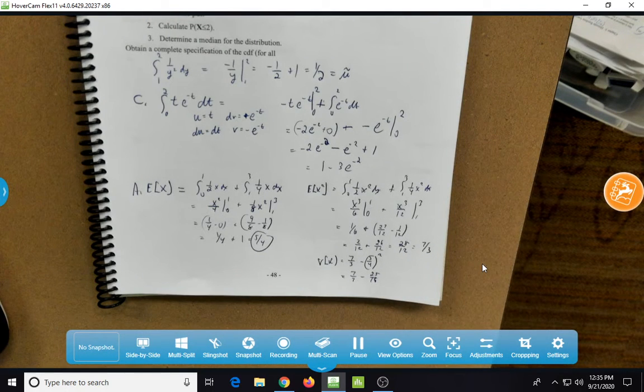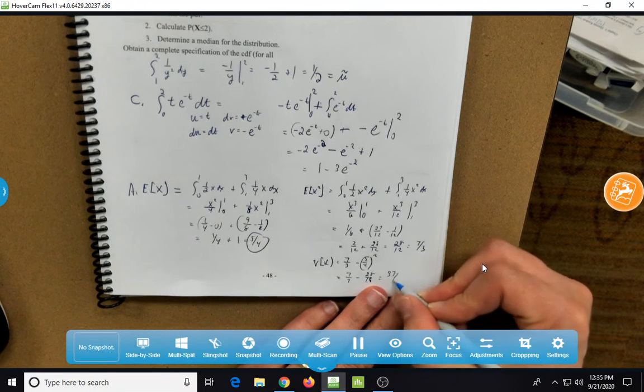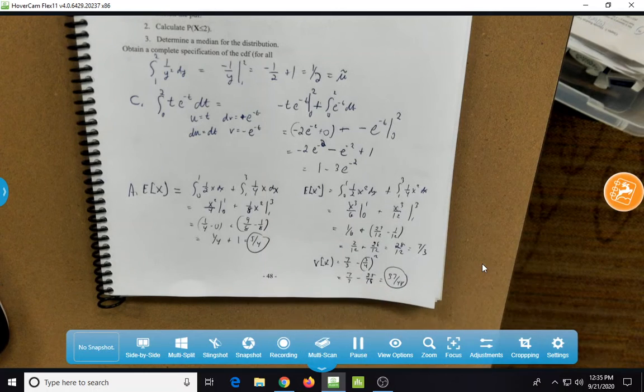Had this written down someplace, and I don't know where I wrote it. Can someone calculate that for me? Oh, 37/48. That's where I had it written down. Very good.